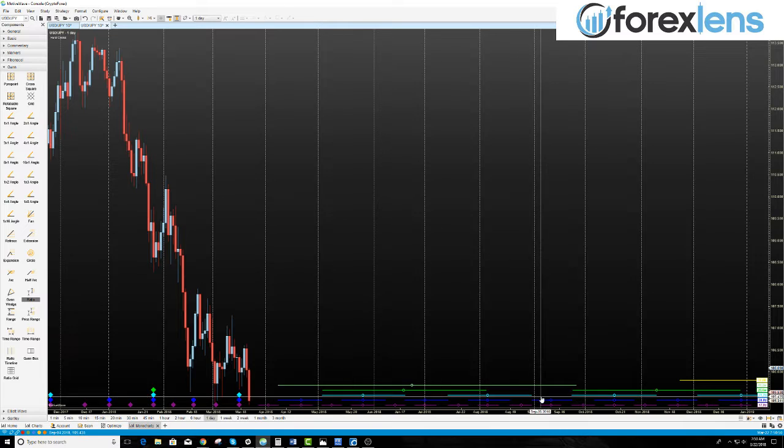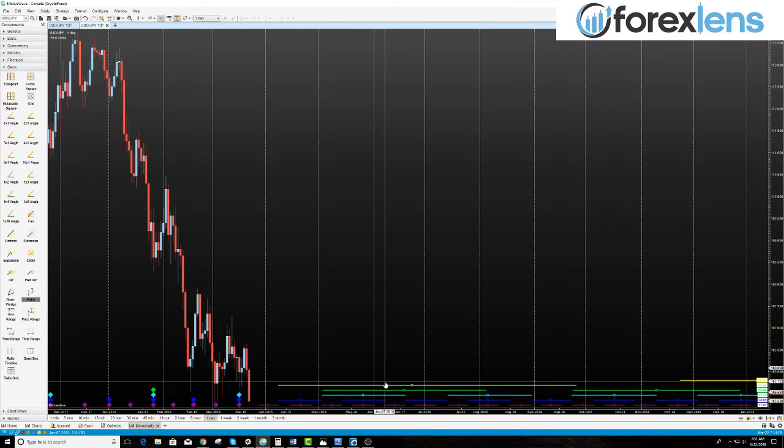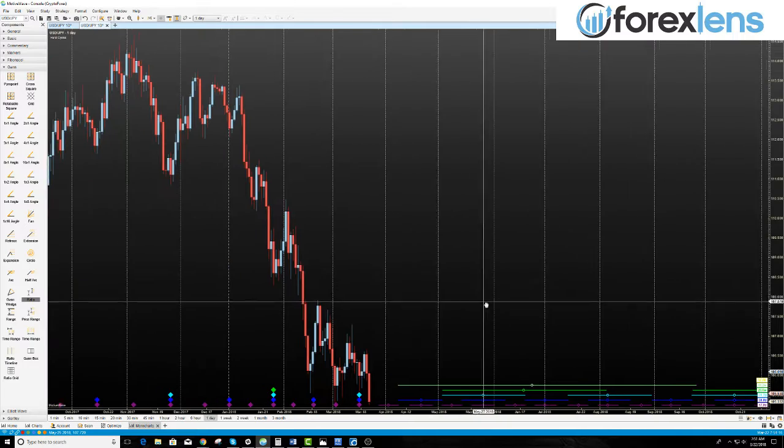Same thing. Above that is the 72 day, and then the green one's 20 weeks, and then we have 41 weeks, and then I believe this is like a 60 week, 65 week yellow one.